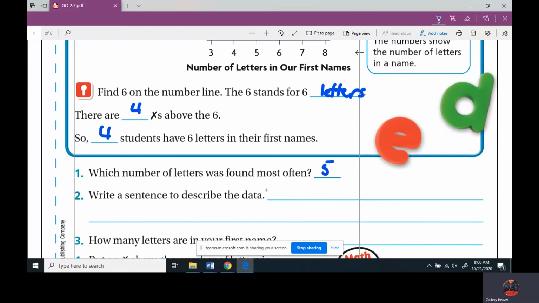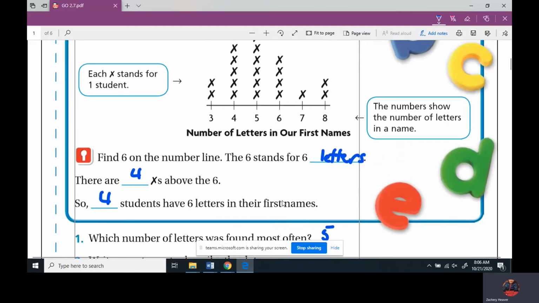Just write a sentence to describe the data. We haven't had to do this before, but it says write a sentence to describe the data. Let me get my book to double check. All right.